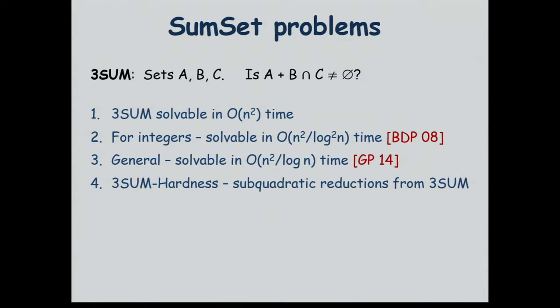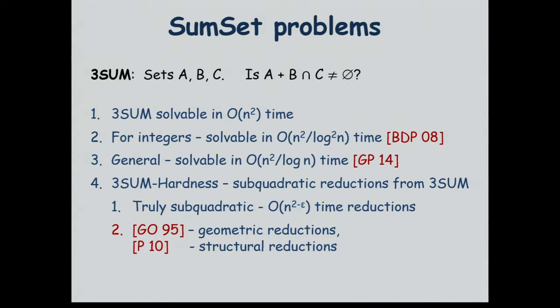In general, for a lot of problems in this workshop, we're going to look at what is called 3SUM hardness, and there are subquadratic reductions from 3SUM. One of the types of reductions we use are called truly subquadratic, and this means that you really want to shave off a polynomial factor. So you want the reductions to run in n to the 2 minus epsilon, otherwise they're meaningless in the sense of polynomial time. This has probably been mentioned, and it's going to be mentioned several times.